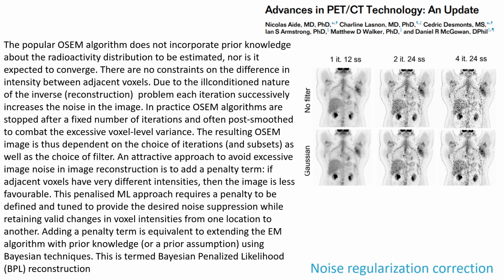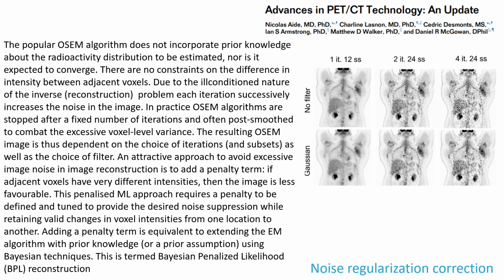The popular OSEM algorithm does not incorporate prior knowledge about the radioactivity distribution to be estimated, nor is it expected to converge. In standard iterative reconstruction, there are no constraints on the difference in intensity between adjacent voxels. Due to the ill-conditioned nature of the reconstruction problem, each iteration increases the noise in the image.